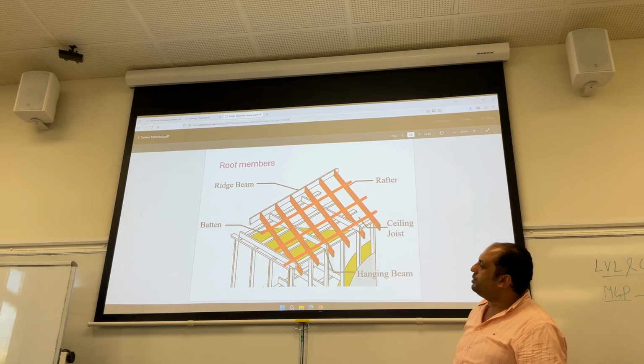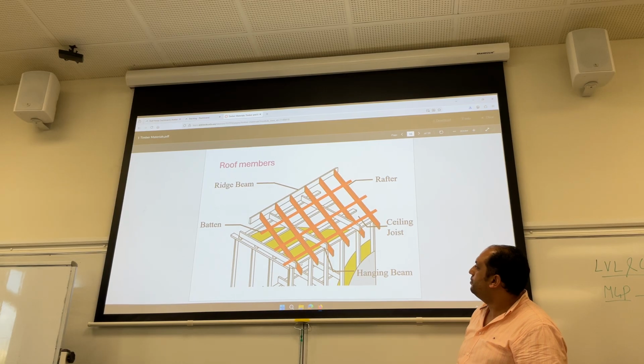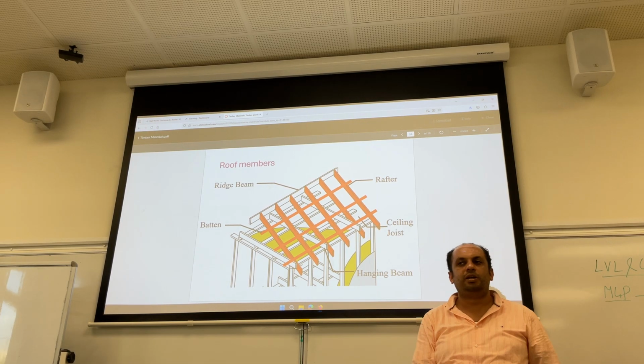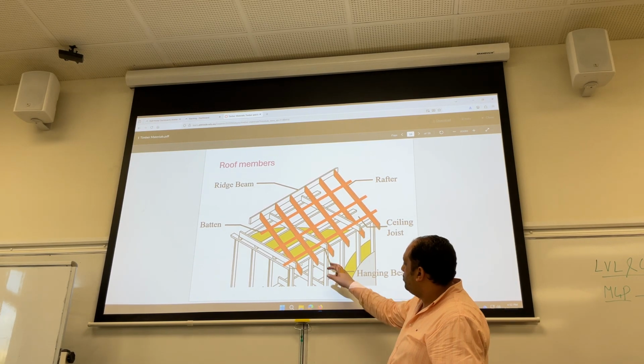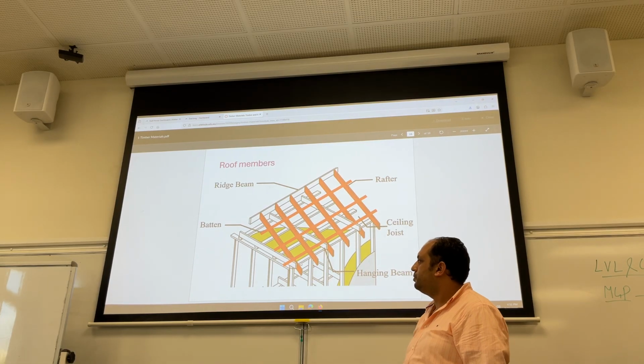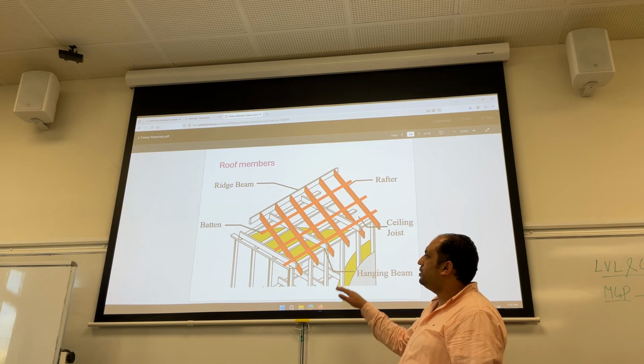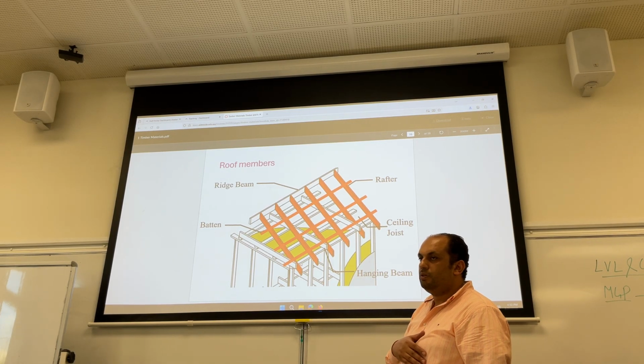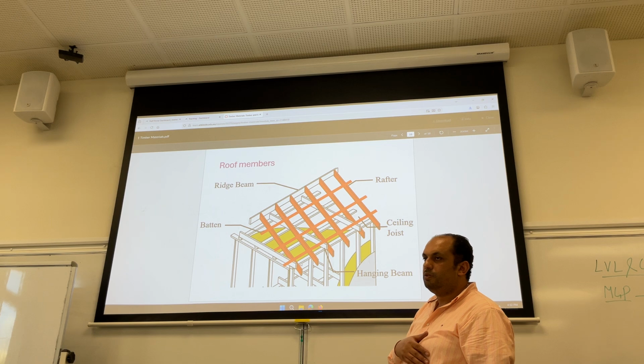Hanging beam. What does hanging beam mean? Do you know what hanging beam means? It hangs the battens and plasterboard and other stuff like that.